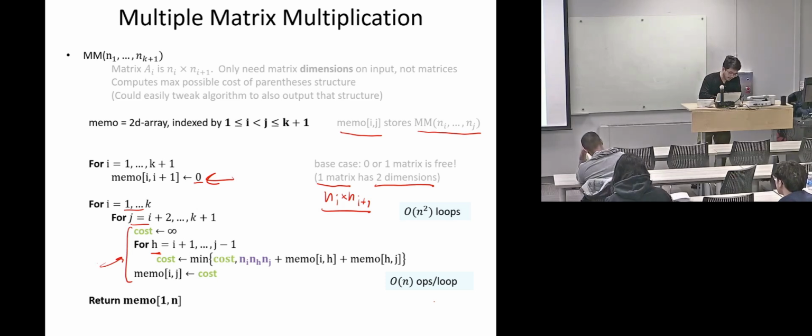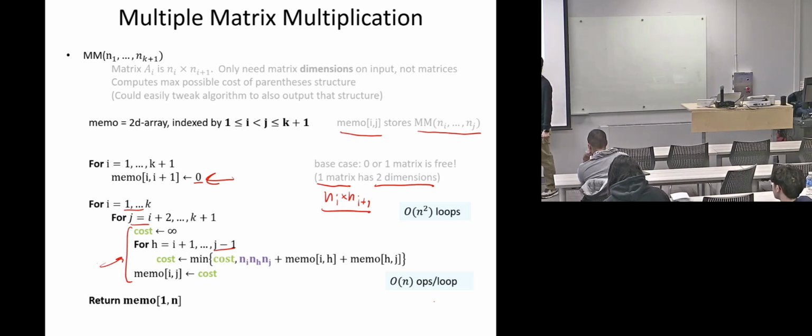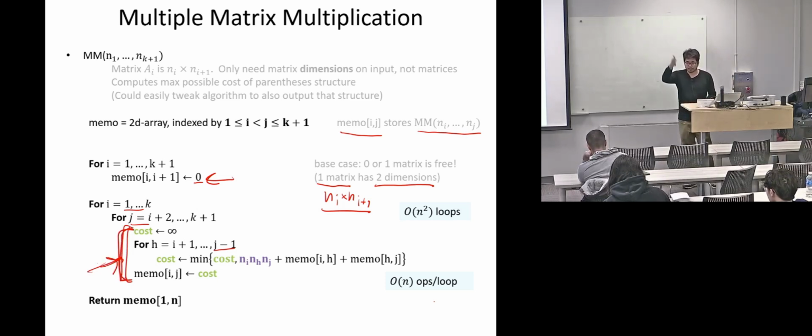The split k is from i plus 1 to j minus 1, and once you choose where to split, you pay the first half and the second half, and you pay this one, and you just take the best split. Just take the min of all the choices here, and that's the cost. So this is just the recursive formula that we just discussed: choose the best split.